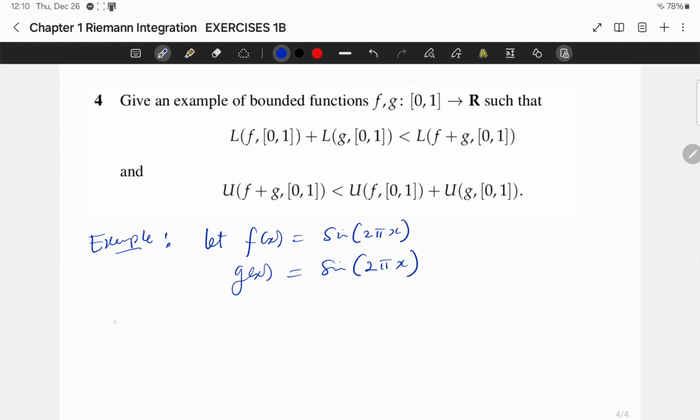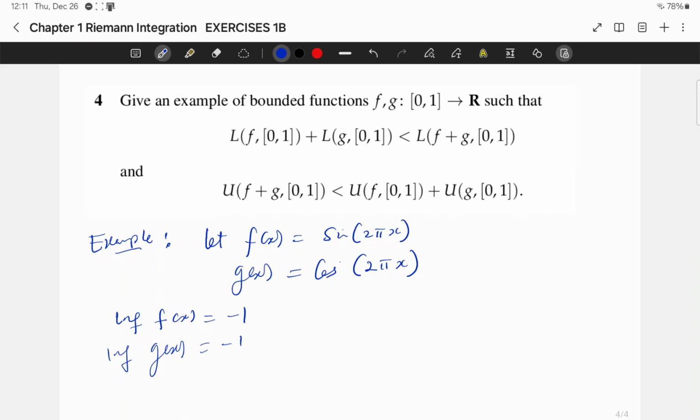So you know that the infimum of f of x will always be minus 1, and then the infimum of g of x also will always be minus 1, because both of them oscillate between minus 1 and 1.